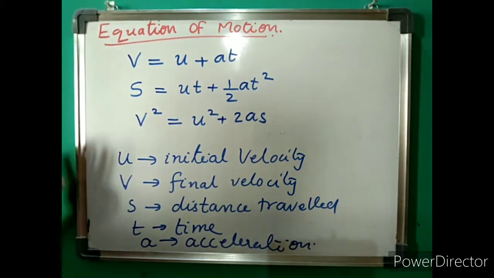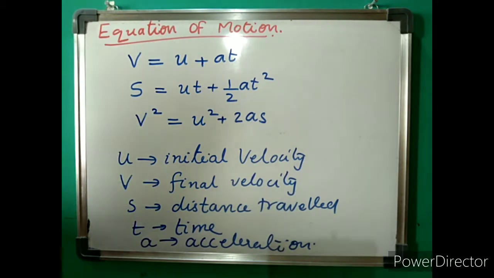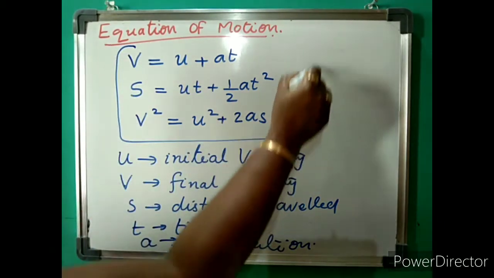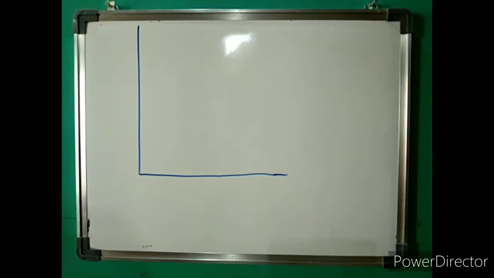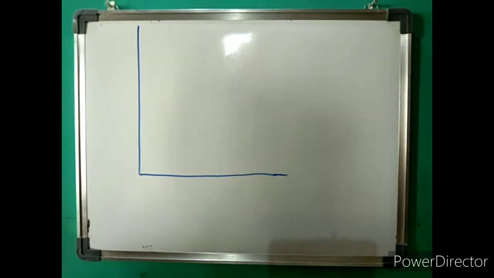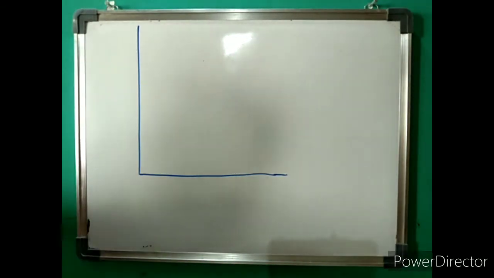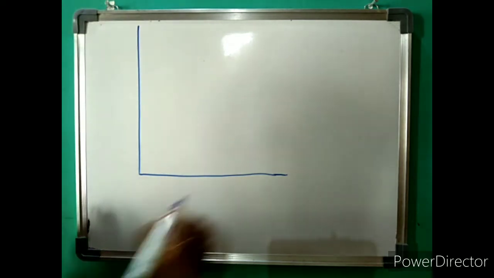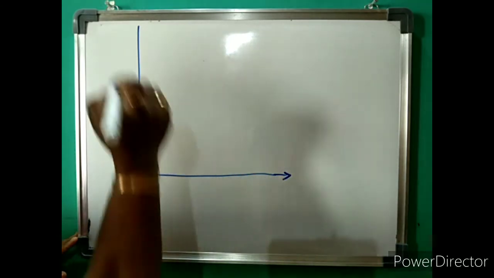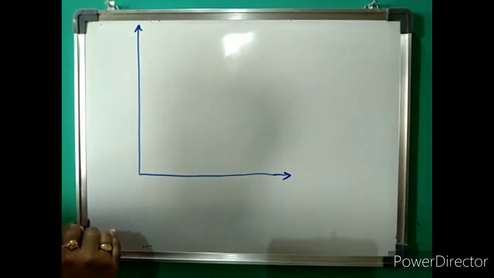Understand? Now we are going to derive these three equations by the graphical method. Consider an object moving along a straight line with acceleration A, where u is its initial velocity, v the final velocity, and t the time taken.